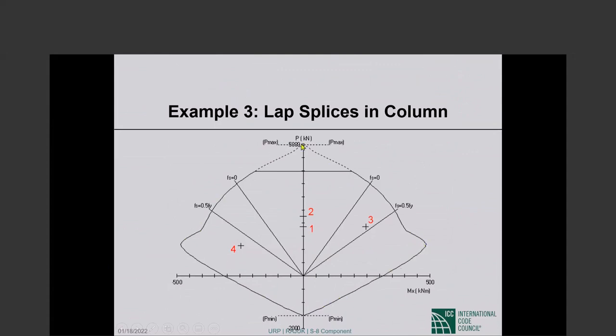This can be done by hand, but it is very laborious. It is typically done with computer programs that are available, and that's precisely what we have done. This is axial load on the x-axis and bending moment on the y-axis. This way is compression, this way is tension, and the bending moments are clockwise, counterclockwise, whatever.